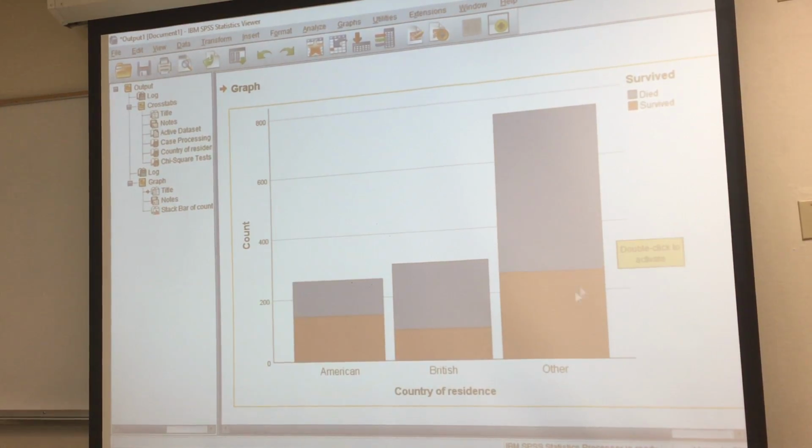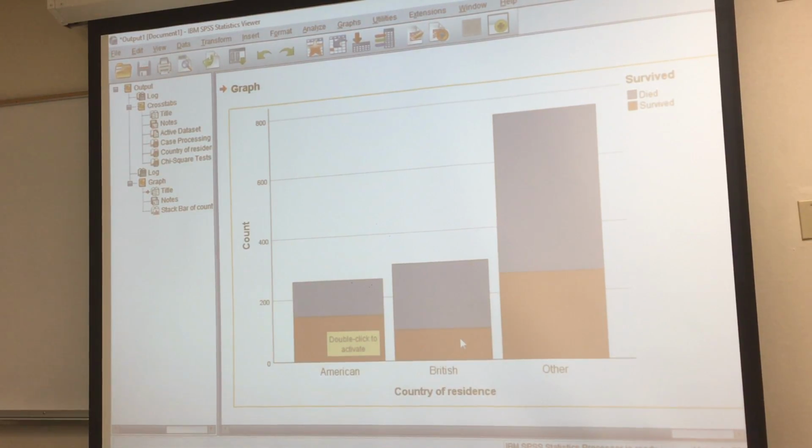You can see this is country of residence. This is the IV: American, British, and other. And here is the DV, which has two categories. You can see for American people, it looks like more people survived and fewer people died.